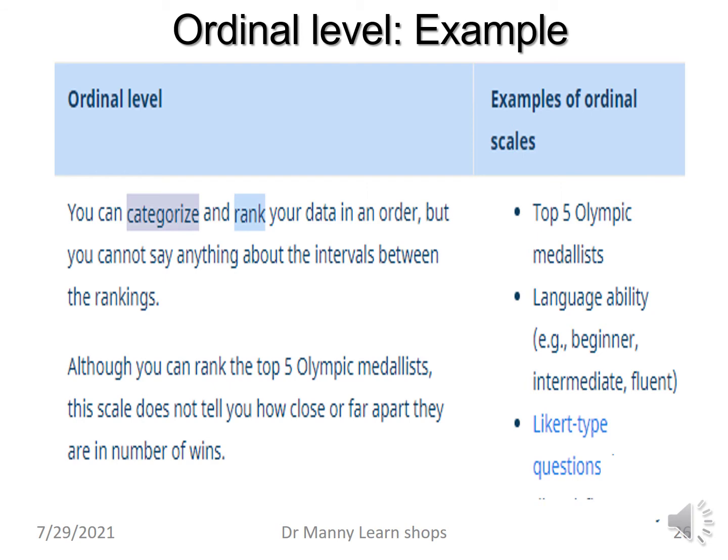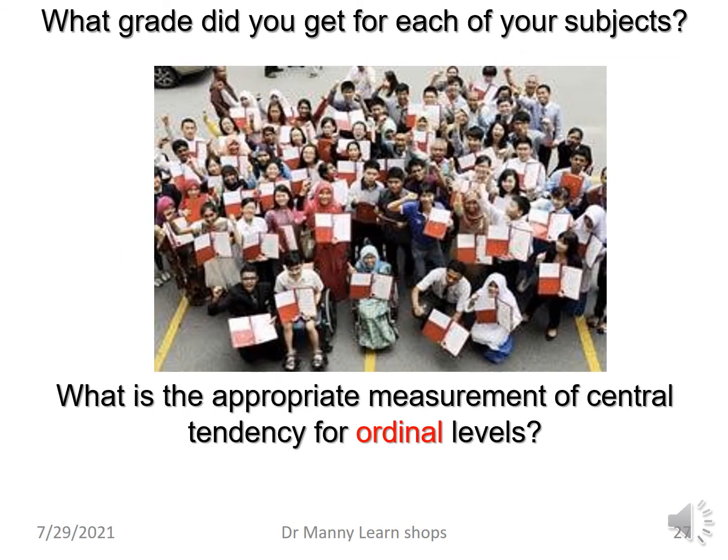So examples of an ordinal level would be the top 5 Olympic medalists, language ability meaning beginner or expert, Likert type questions. Here's an example. What grade did you get for each of your subjects? What would be the appropriate measurement for a central tendency for this ordinal level? Median or mode would be appropriate.